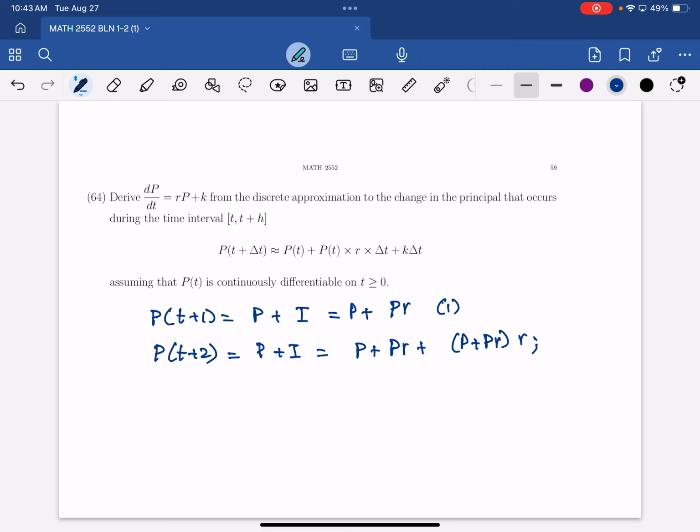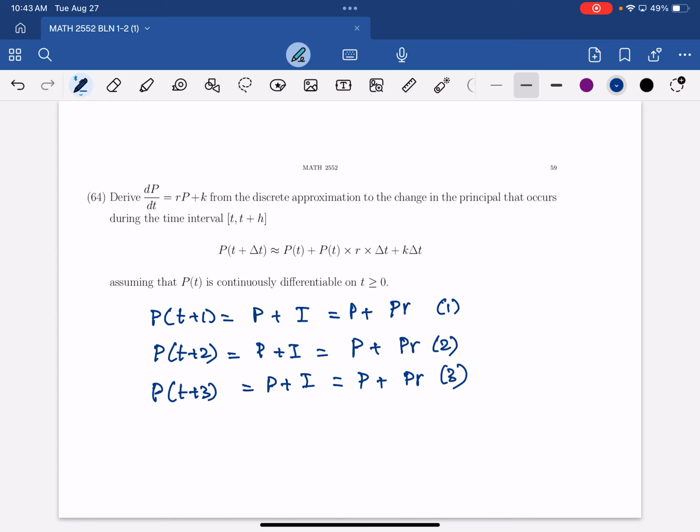This is my principal now, and PR times T is just 1 year. Or going directly from here, you write this as P plus PR times 2. Do you agree with me on that? Now, after 3 years, it's going to be the initial principal plus the interest, so I will write this as PR times 3. Do you agree with me on that?